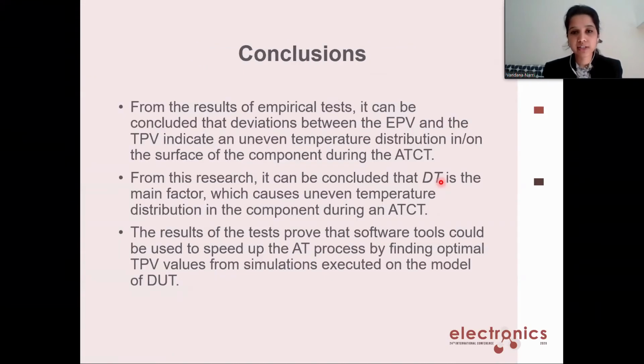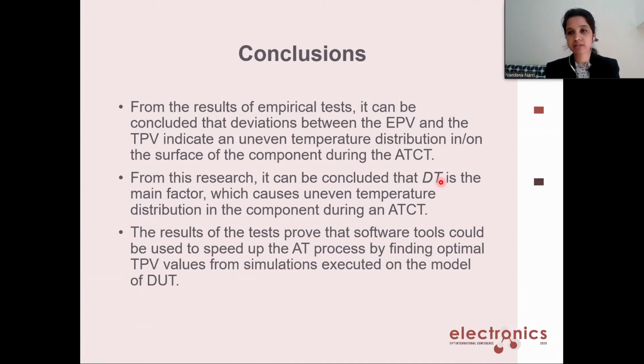So some conclusions. From this, we see that the estimated parameter values and the test parameter values have a huge deviation, which means that there is an uneven temperature distribution in and on the component during the accelerated temperature change test. And we see that the dwell time is one of the important factors. That's the test duration that we give the component to reach a certain stress level.